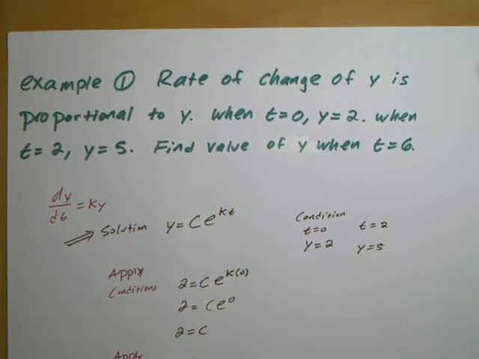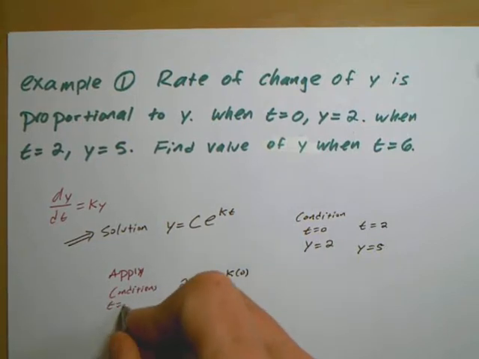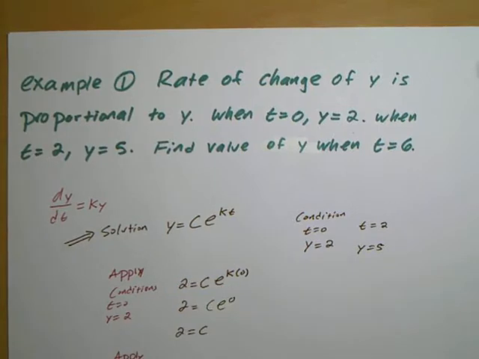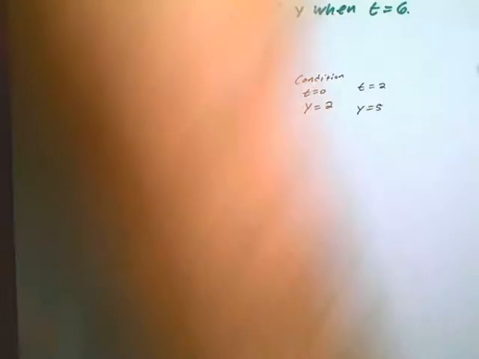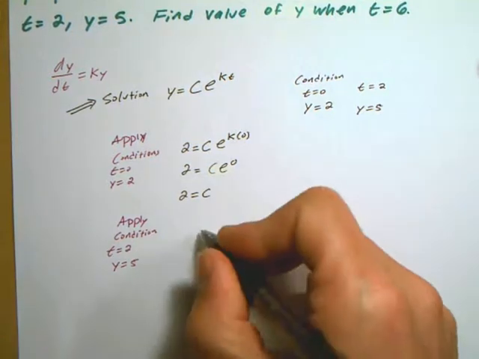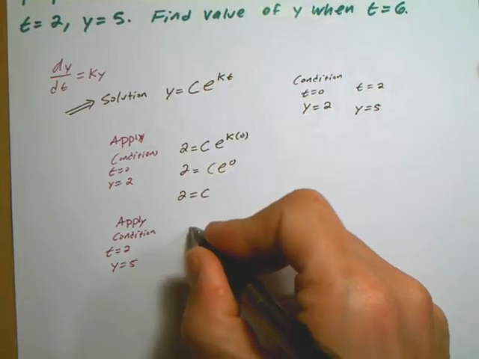The next thing I want to do is apply the other condition. So I'm going to apply another condition that t is equal to 2 and y is equal to 5.